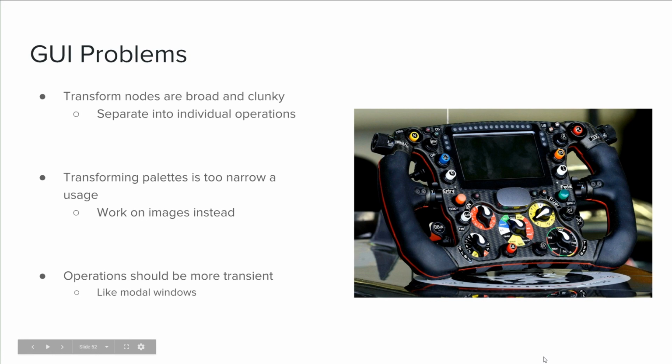Each of these individual operations ought to just be their own GUI window. So suppose you want to translate the colors, you select translate from a menu and you don't get any sort of inputs to rotate the colors, which is something that you don't want.